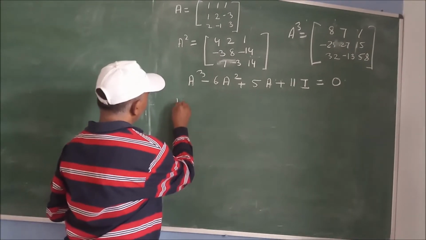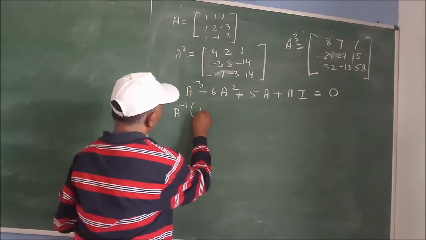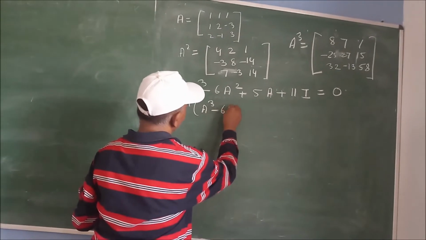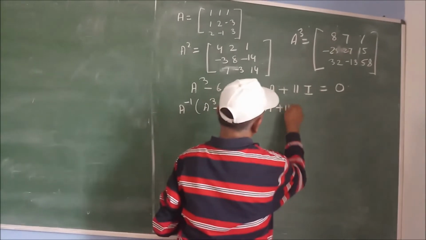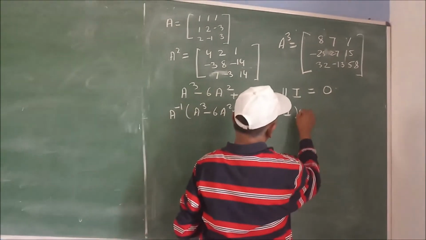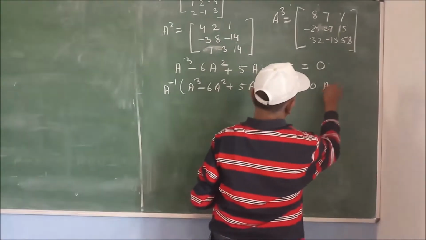So this becomes A inverse into A cube minus 6A square plus 5A plus 11I is equal to 0 into A inverse.